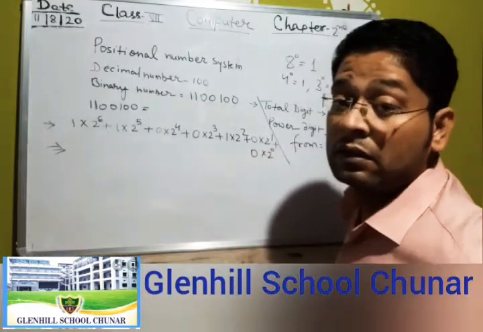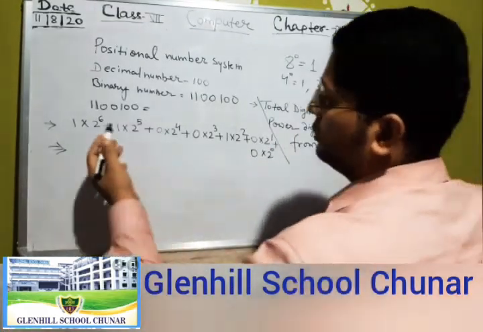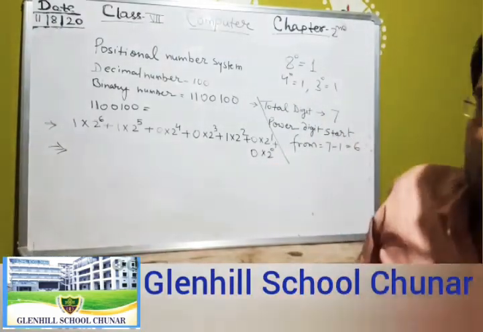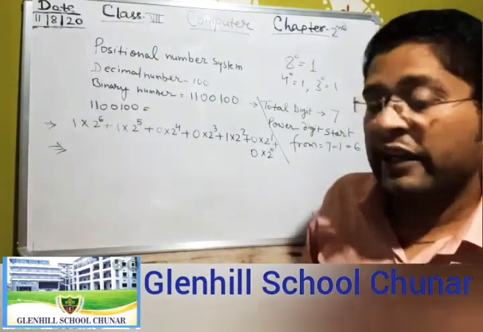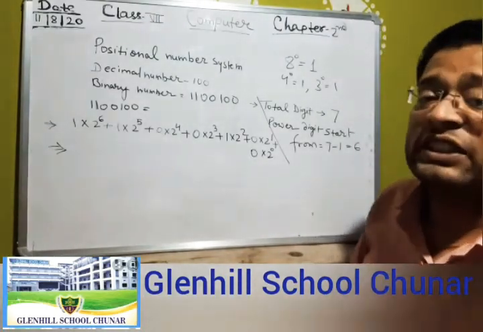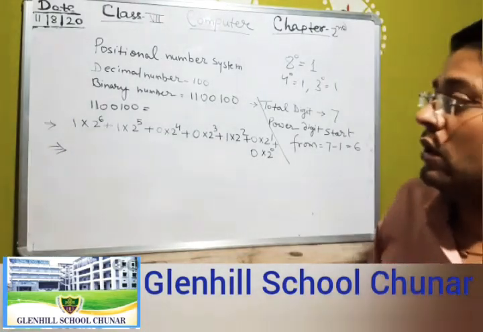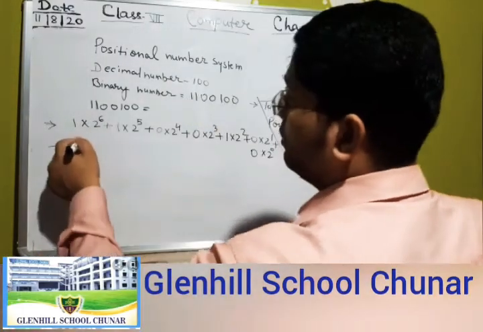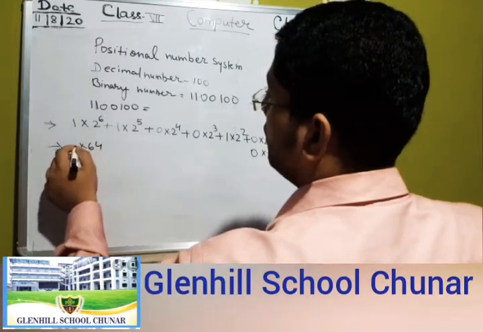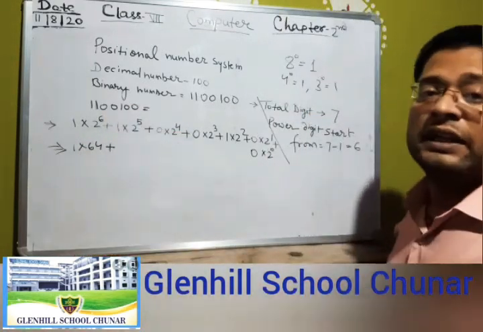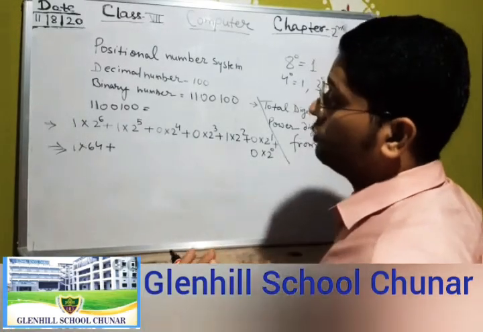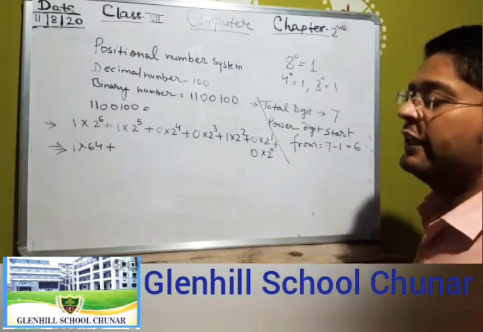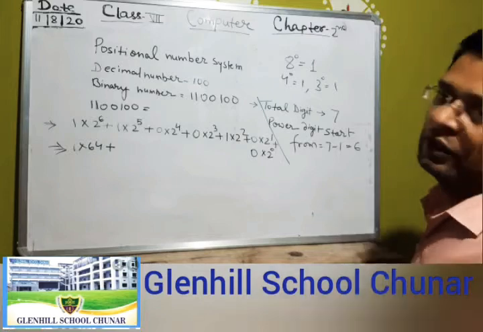How to make that line? 2 multiplied by itself 6 times: 2 to 4, 4 to 8, 8 to 16, 16 to 32, 32 to 64, and 64 you will write here and put the plus sign. 2 multiplied 5 times: 2 to 4, 4 to 8, 8 to 16, 16 to 32.